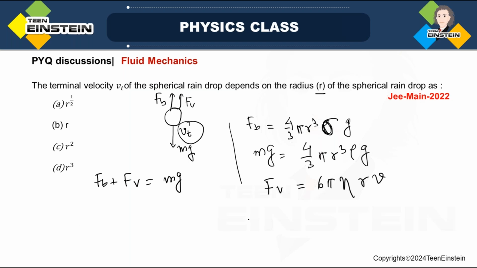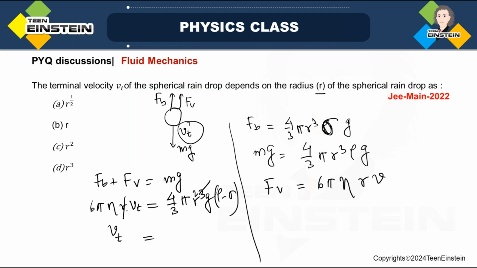This is my equation of motion. So let me put these values: 6 pi eta r v on this side, and this will be 4 by 3 pi r cube into g, rho minus sigma. All right, so this r makes r square over here.